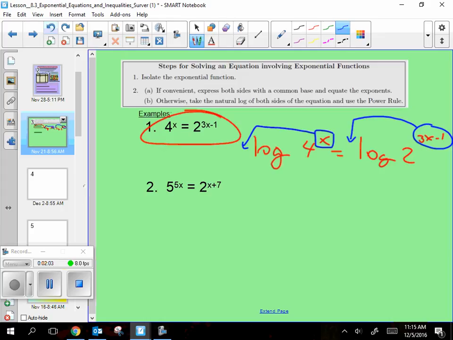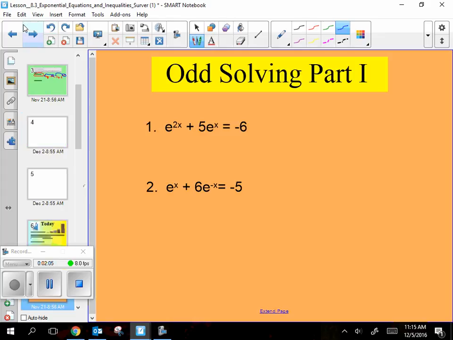So next, when we get to odd solving, odd as in weird things you have to be able to solve, this top one brings up a topic called use substitution. This is something you're going to use in calculus someday.